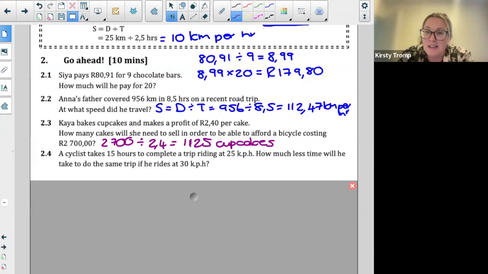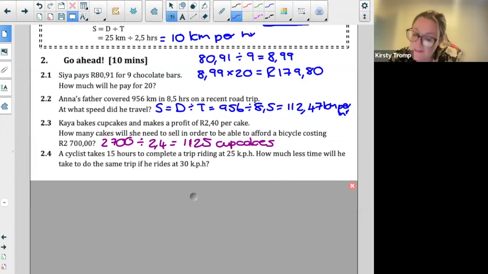All right, let's look at 2.4. Emishle, do you want to help me with 2.4 or you want me to try by myself? I'll try. You're going to try? Okay, awesome. Talk to me. What did you do? What's your thought pathway here?